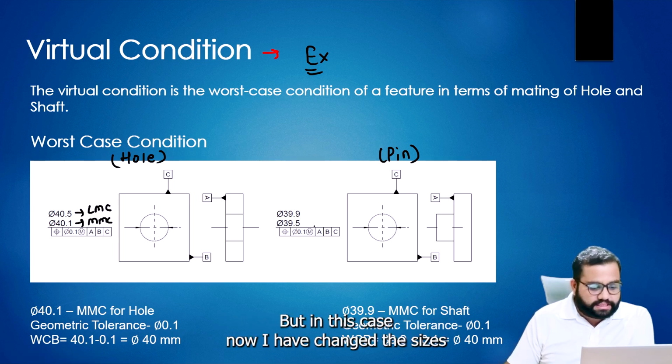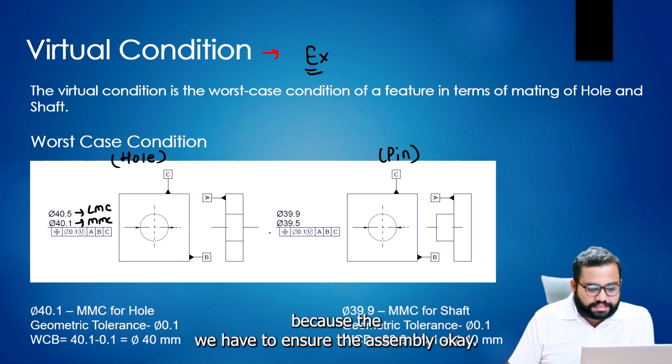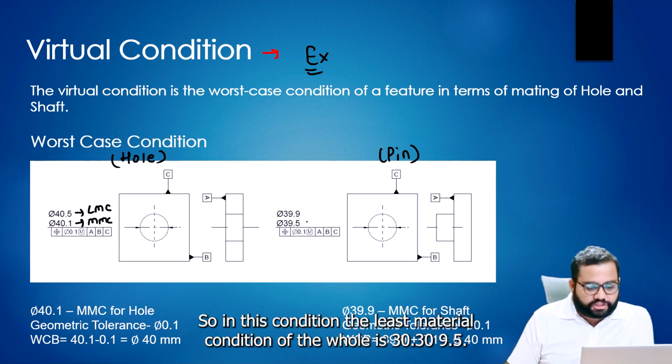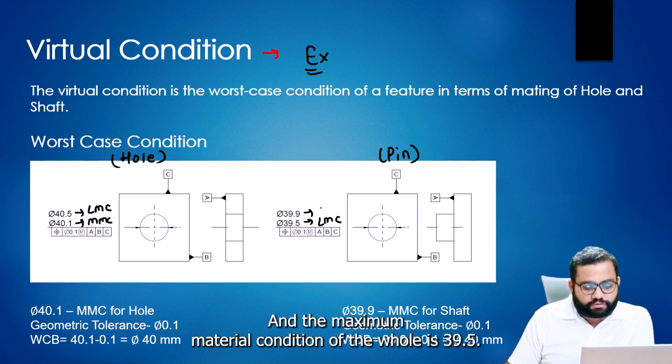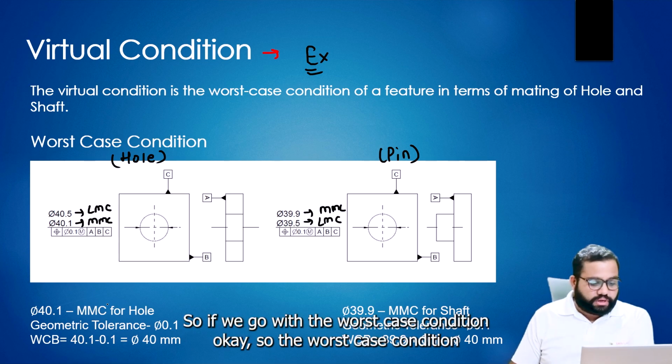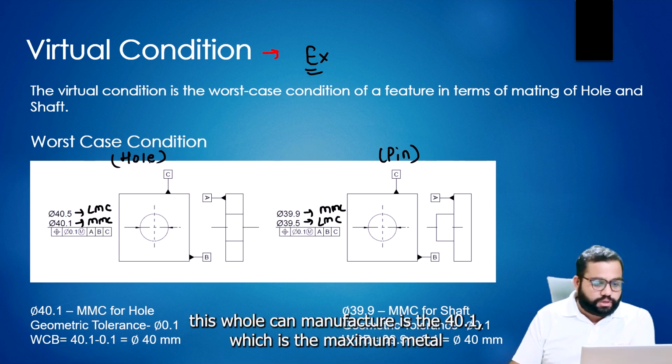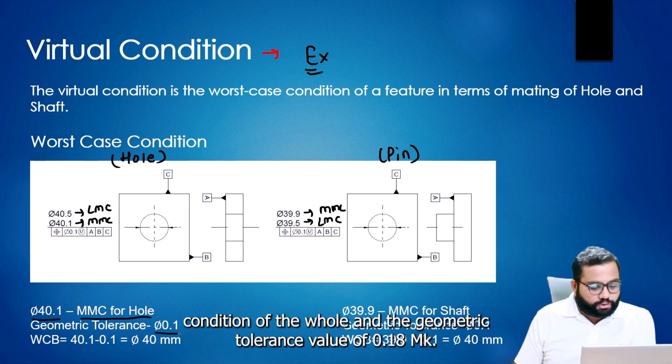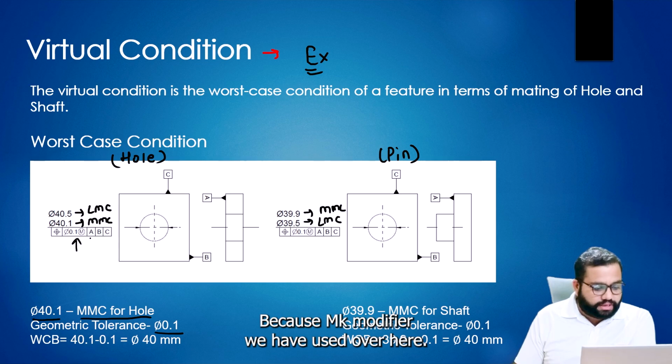But in this case, I have changed the sizes because we have to ensure the assembly. So in this condition, the maximum material condition of the hole is 39.5. If we go with the worst case condition, the worst case this hole can be manufactured is 40.1, which is the maximum material condition of the hole, with a geometric tolerance value of 0.1 at MMC, because we have used the MMC modifier here.